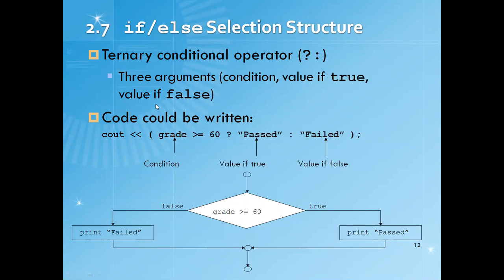Then there is another very efficient way of writing this, with a totally similar result to the previous page. After the condition, you use a question mark, then the first result, then the second result. So this is another way of writing if else in one line. Sometimes you want to write it as simple one-line code.